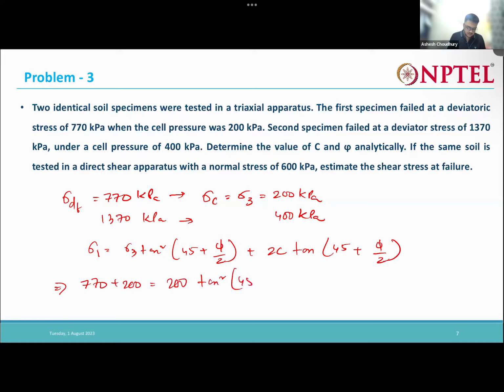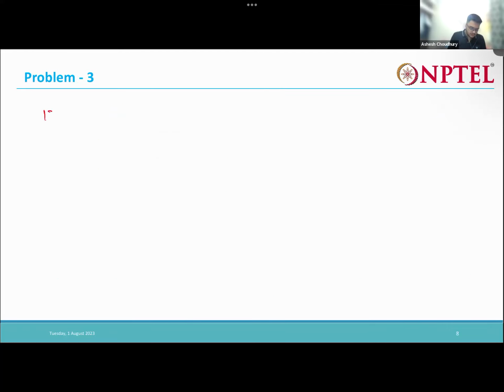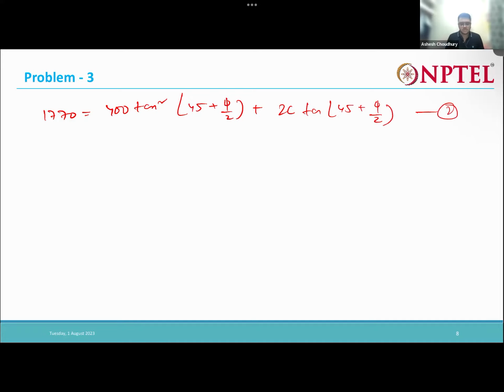So this is one equation, and similarly we will be getting another equation with 400.